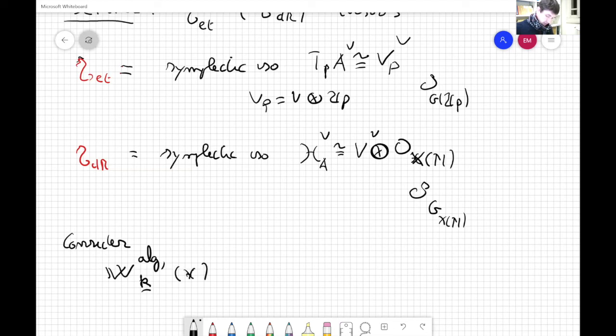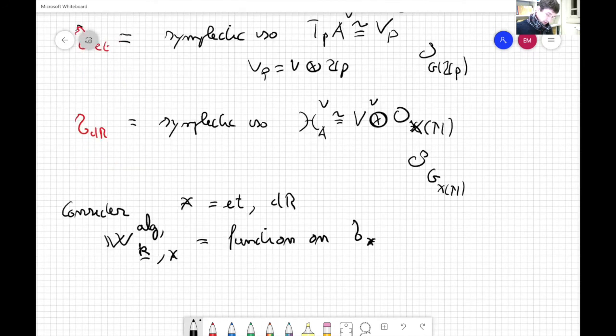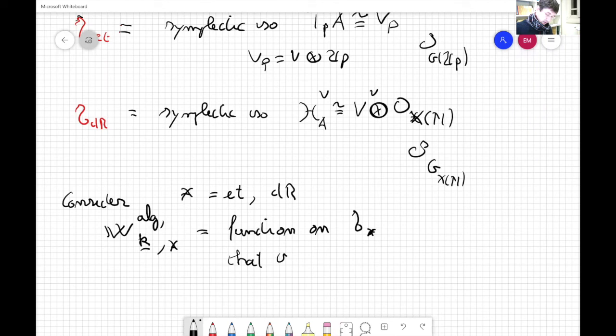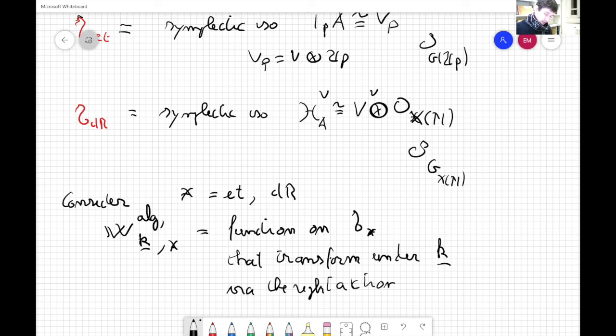Star. So star is etale or de Rham. So it will be simply the functions on T star that transform under the character chi via the right action of the Borel.